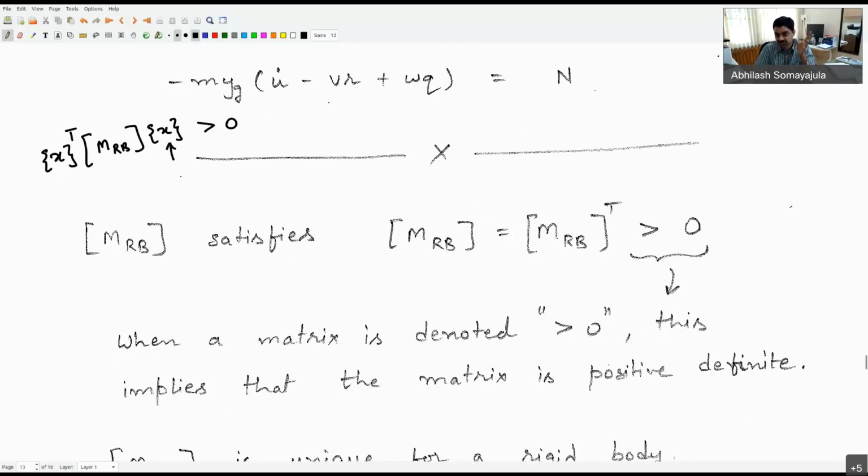So as long as x is chosen arbitrarily, and they are not all zeros, then we should see that this product turns out to be greater than 0.